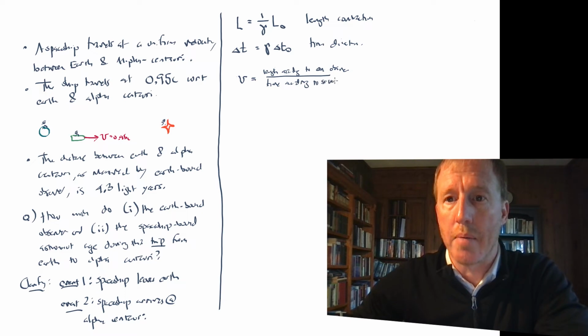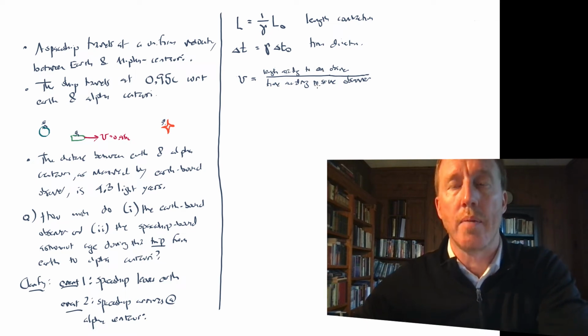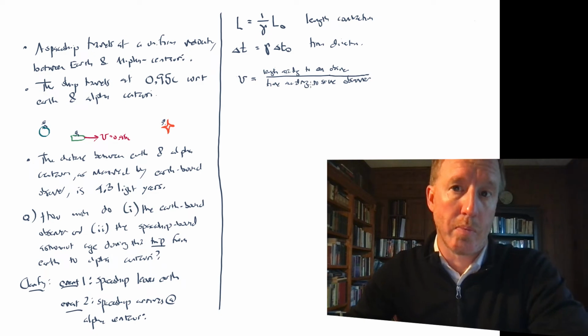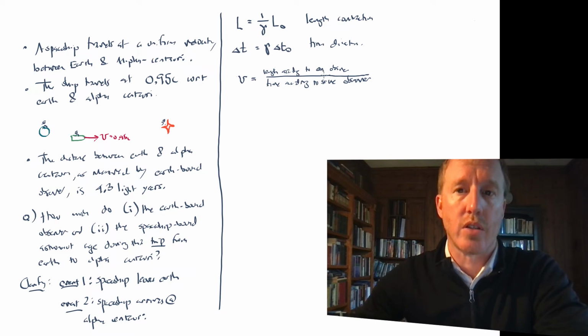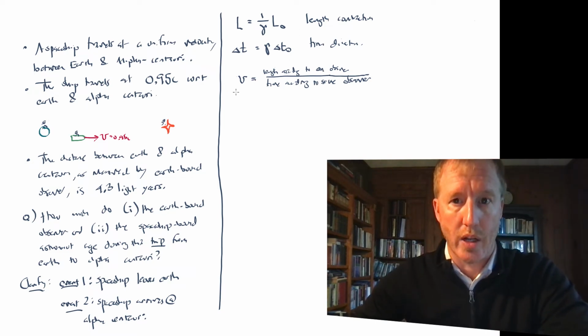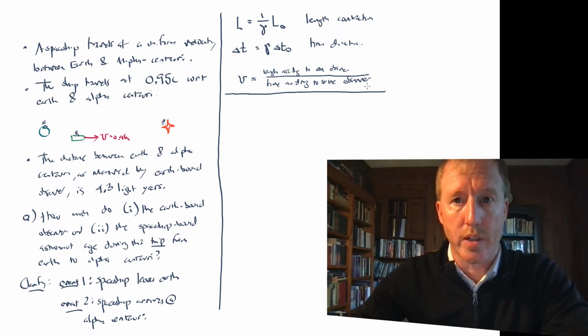So there's no gamma that works into this formula. If you want to know how fast you're moving, you need to know the length through which you're moving as measured by yourself and the time interval of your motion as measured by yourself. So there's no gamma that appears in that formula. The gammas appear when connecting the lengths as measured by different observers and connecting the times as measured by different observers. Okay, so it's probably worthwhile just clarifying that at this point.